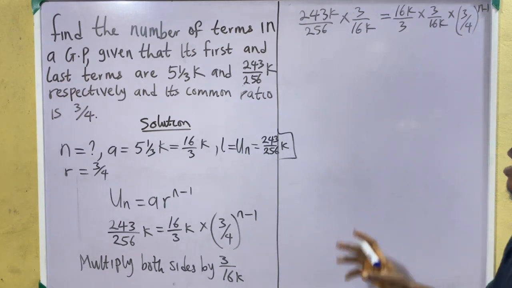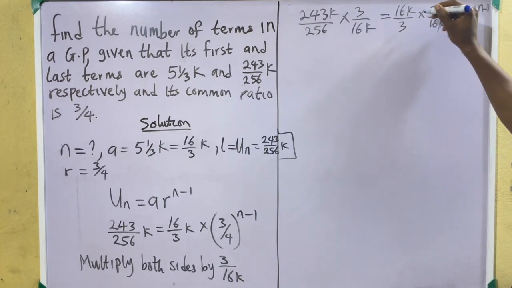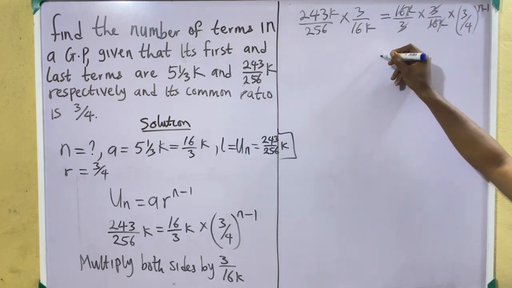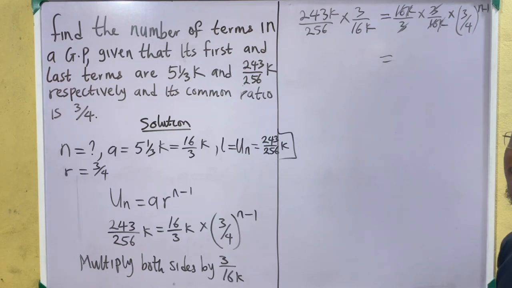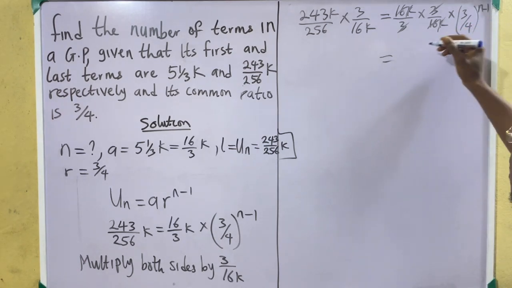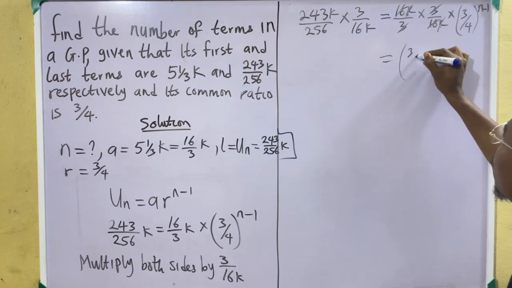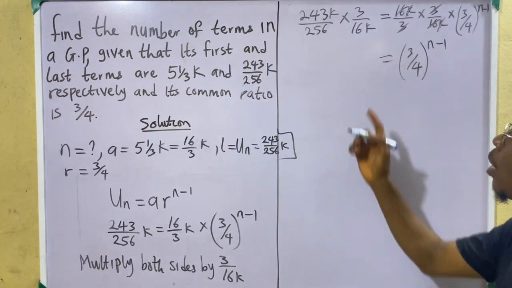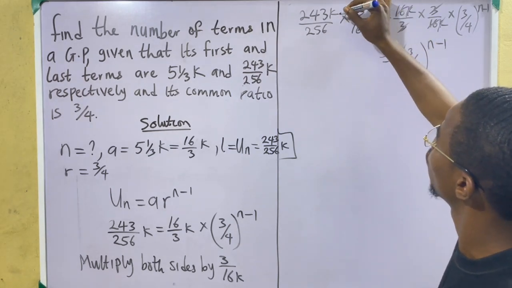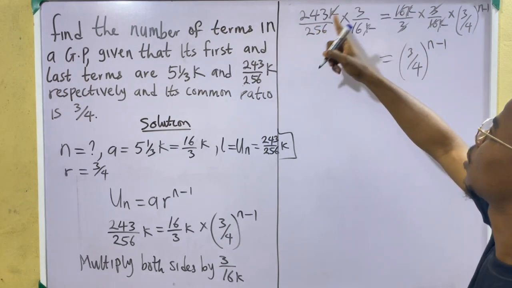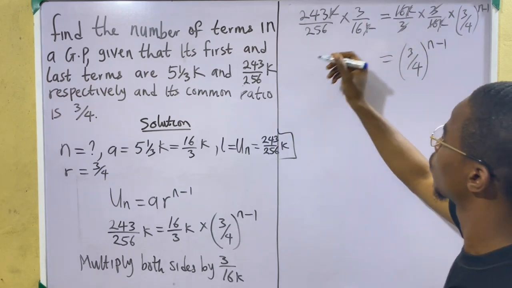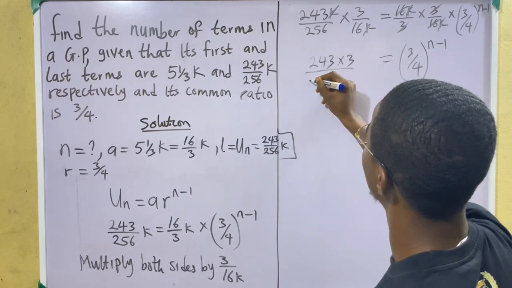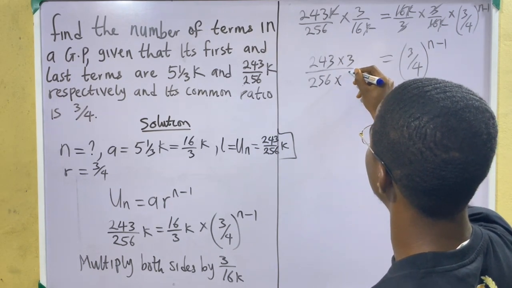Now let's observe what is happening on the right hand side. k will cancel out k, 16 cancel out 16, 3 cancel out 3. We have successfully removed 16k over 3 on the right hand side. So we have just our common ratio left, 3 over 4 to the n minus 1. On this other side, we cancel out k, and we can simply multiply the numerators. So we have numerators as 243 times 3 all over 256 times 16.